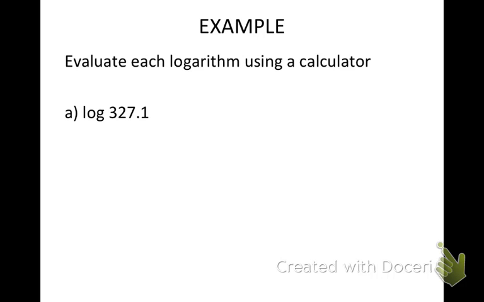So push into your calculator log of 327.1, and what do we get? Yep, 2.514680. So if we round to, let's say, 2 decimal places, it's 2.51.